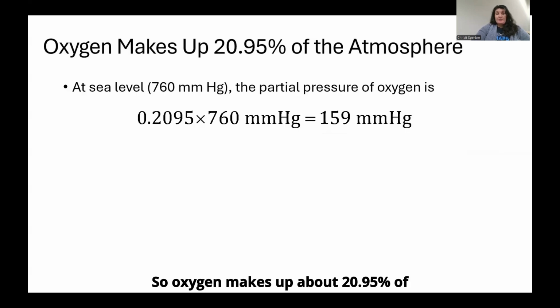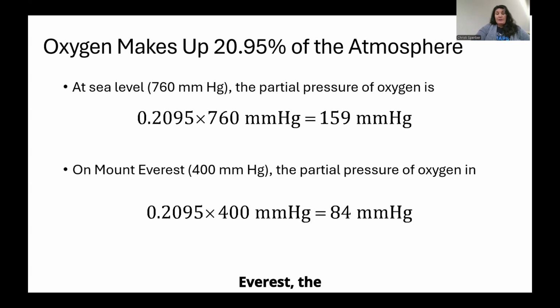So oxygen makes up about 20.95% of the atmosphere. At sea level, which is 760 millimeters mercury, the partial pressure of oxygen is 20.95% of the total pressure, which is 159 millimeters mercury. On Mount Everest, the atmospheric pressure is 400 millimeters mercury.